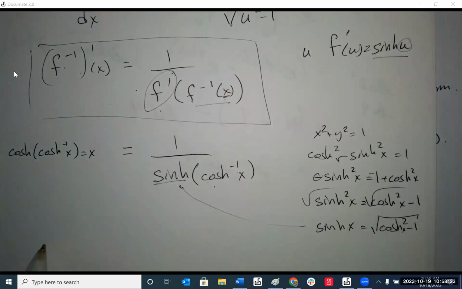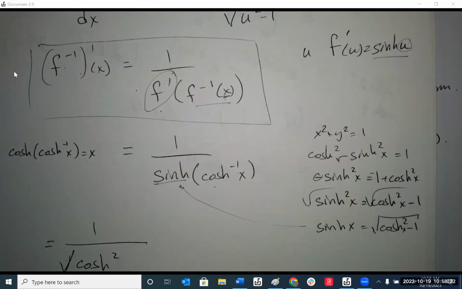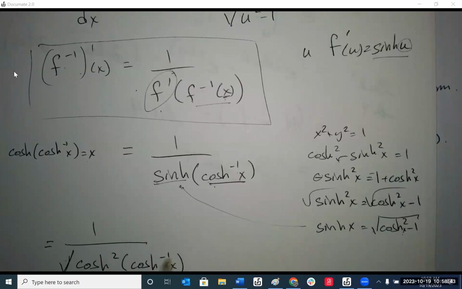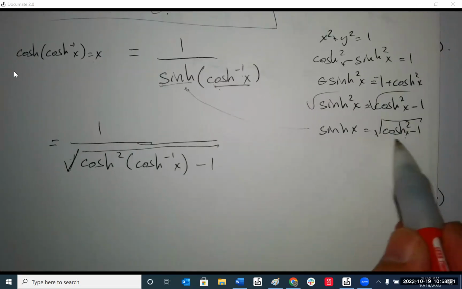So that makes our new function 1 over the square root of cosh squared x, and the x is this, cosh inverse of x, minus 1.